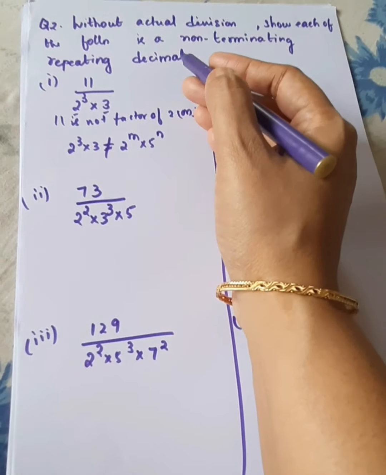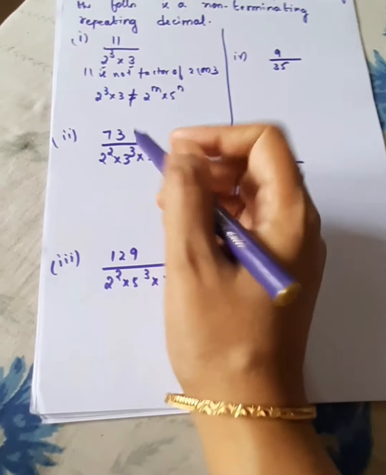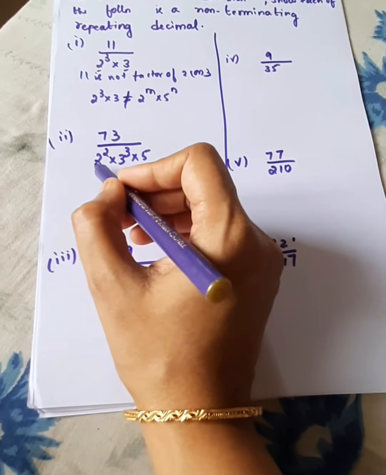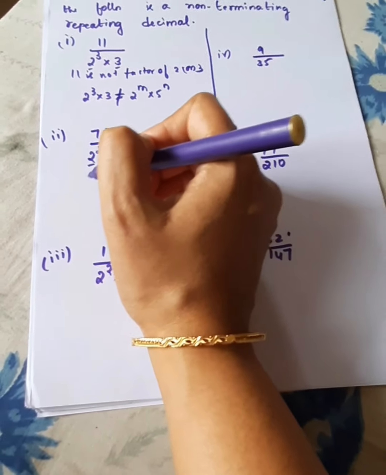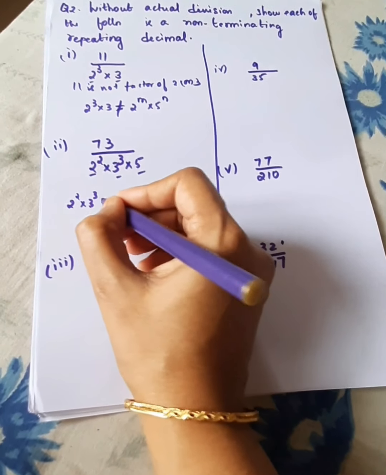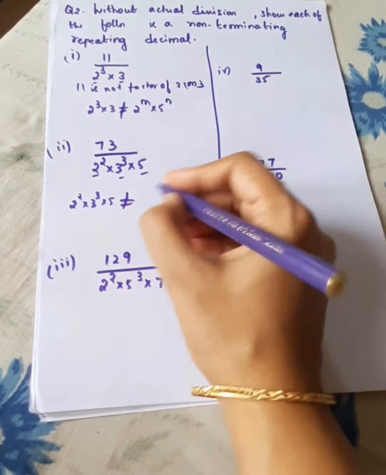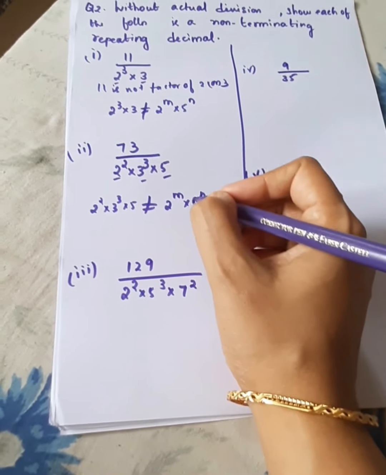So this is a non-terminating repeating decimal. Second one is 73 by, again if you see the denominator, it's not satisfying the condition of 2 to the power of m into 5 to the power of n. So that clearly shows this is a non-terminating repeating decimal.